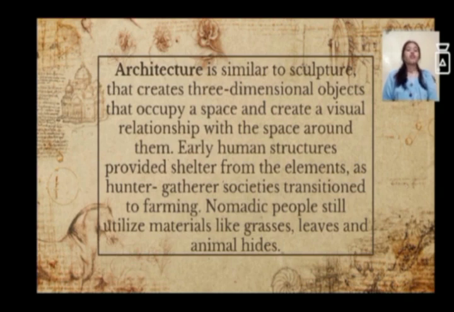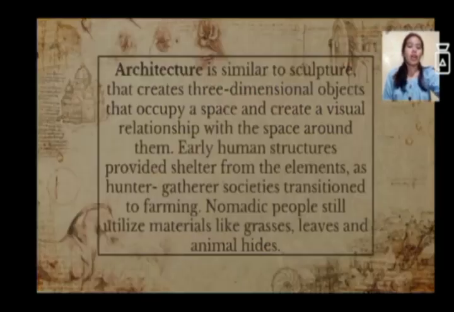And for thousands of years, they developed rock caves, huts of wood, then soil and bricks. These materials are still used most usually by nomadic people, or those people who move from one place to another.